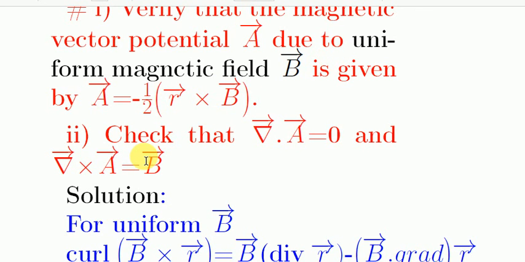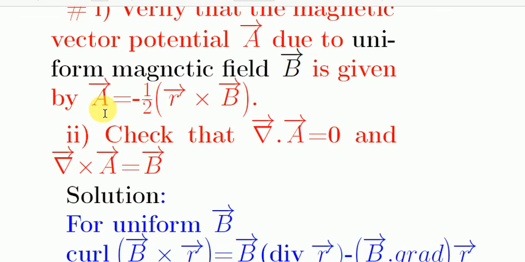In the second part, we have to show that del dot A equals 0, where A is the magnetic vector potential, given by A equals minus half r cross B, where r is the position vector and B is the constant magnetic field.